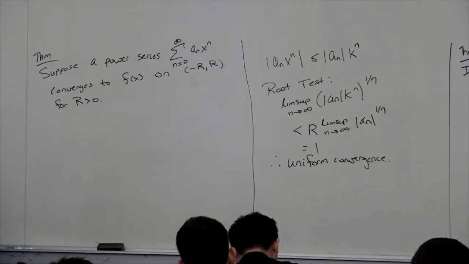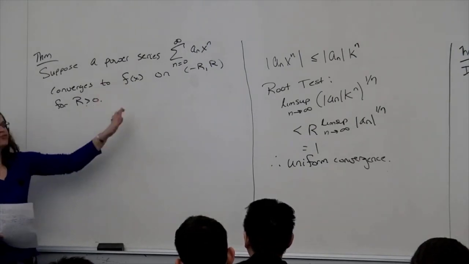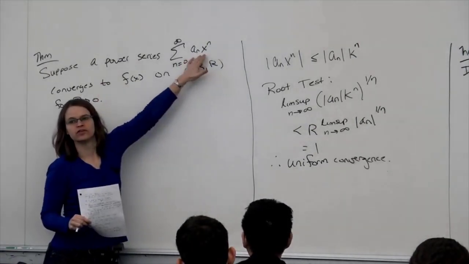Then right away this is enough to tell us that the function it converges to is differentiable, and we can get at its derivative just by taking derivatives of this term by term.